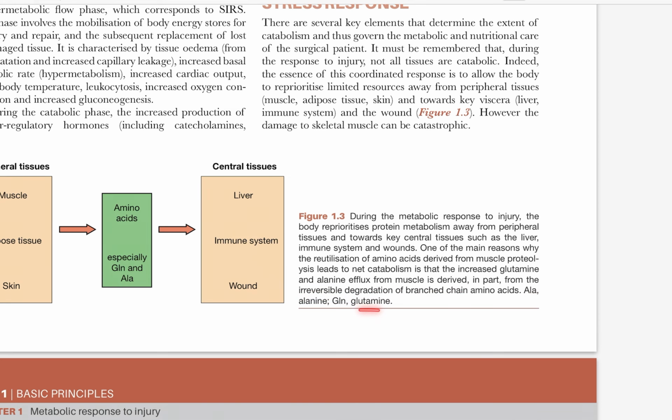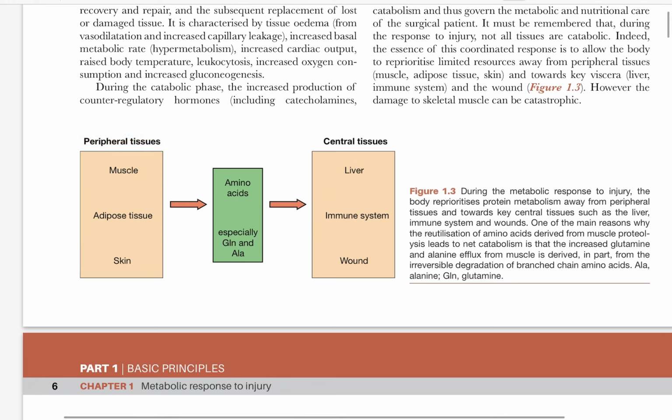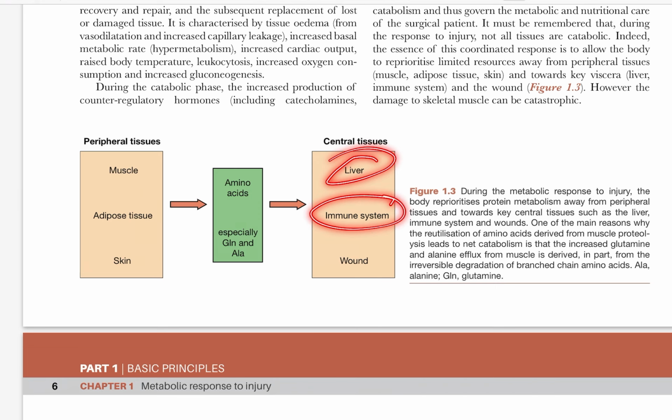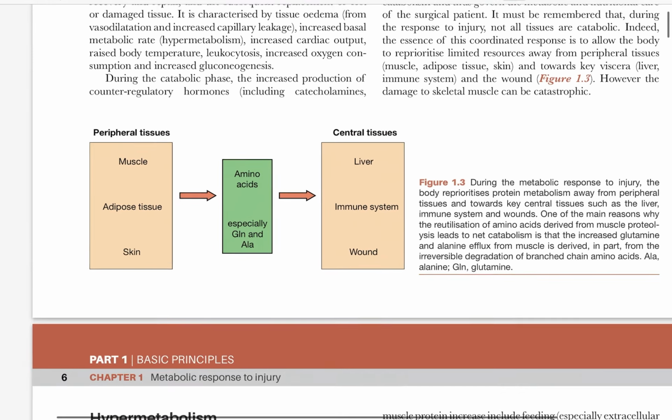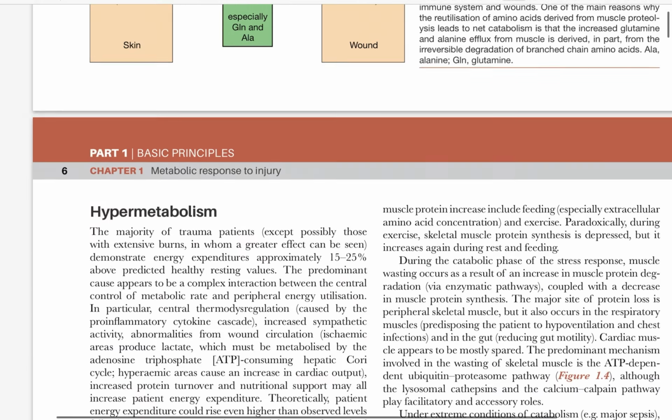As you can see in this diagram, peripheral tissues such as muscle, adipose tissue, and skin break down into amino acids, essentially glutamine and alanine, to key central tissues such as liver, immune system, and the wound itself. However, the damage to skeletal muscle can be catastrophic.